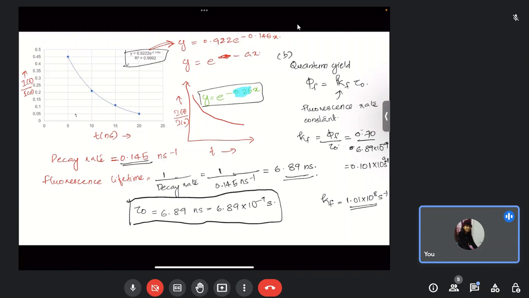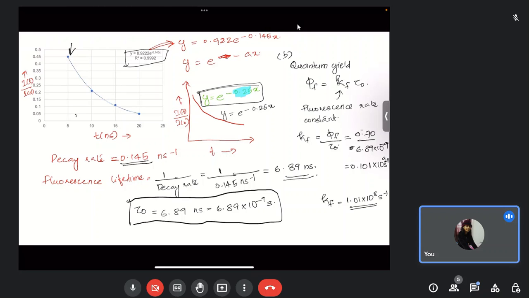You have to calculate exactly the decay rate of this exponentially decaying data set. Here I haven't fitted it correctly, because the equation is supposed to be in this format where y is equal to e raised to minus 0.25, which is the decay rate. 0.25 is an arbitrary number.